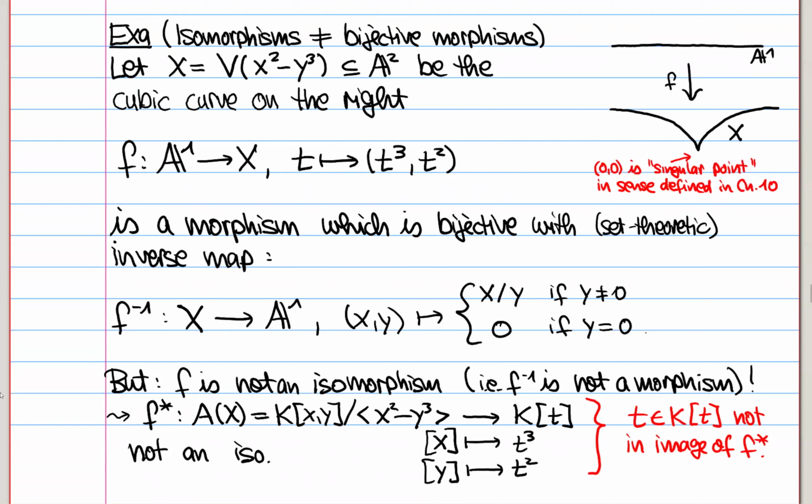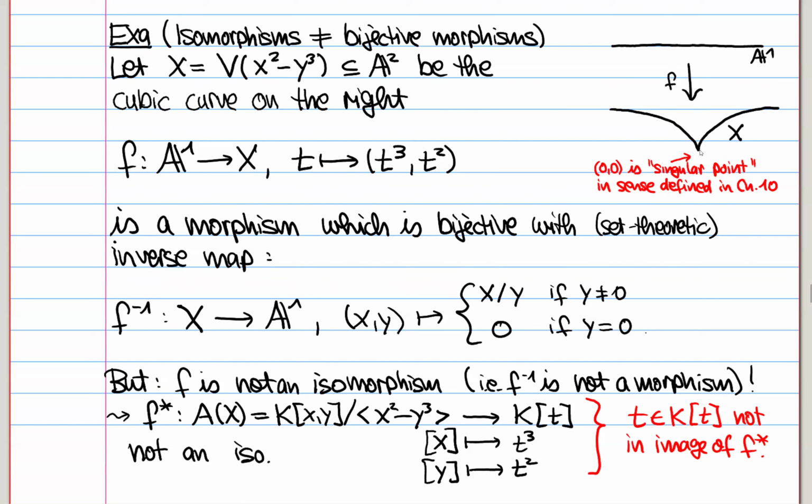And here's an example. We have X, the vanishing locus of x squared minus y to the 3 inside A2. And this turns out to look something like this. When I draw the real picture, this is looking like y is equal to the 3rd root of x squared.